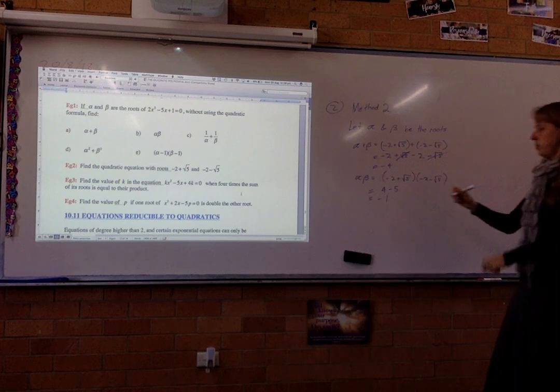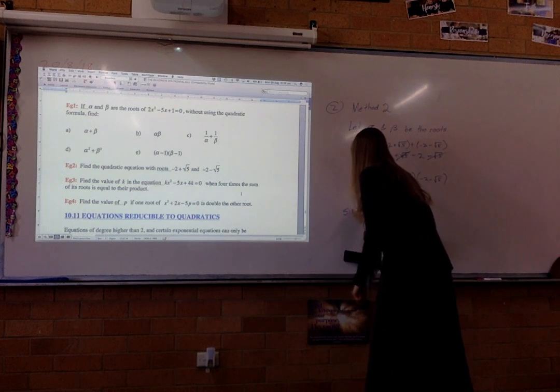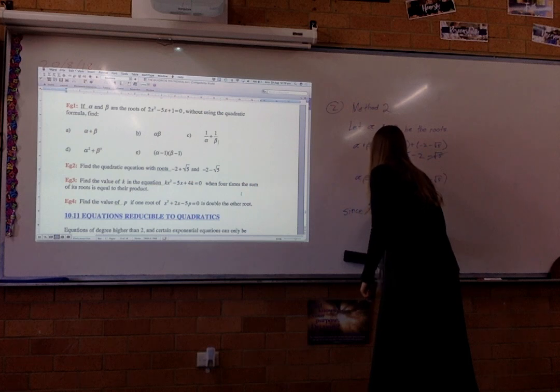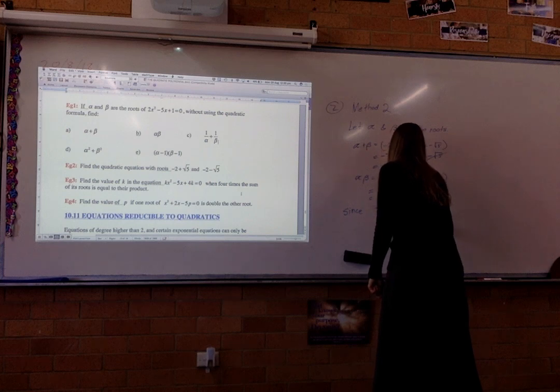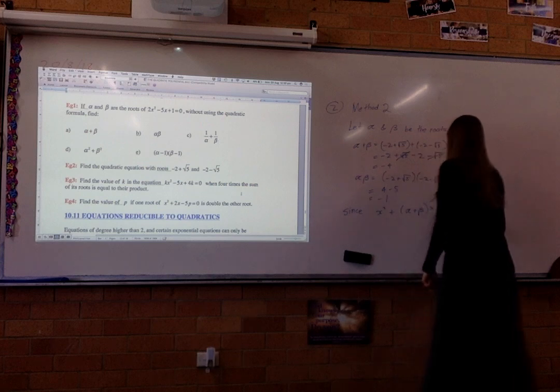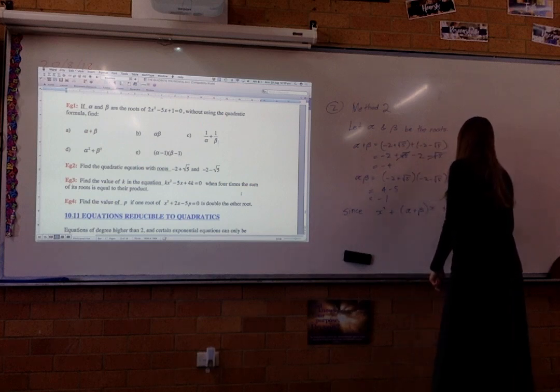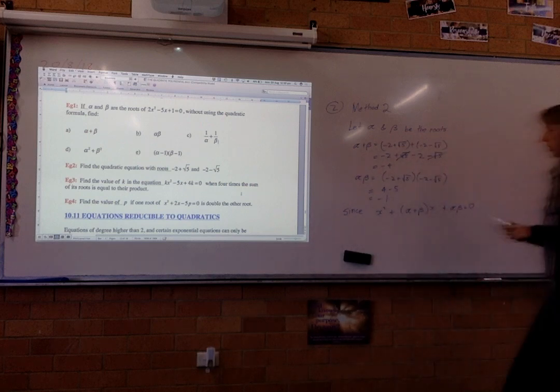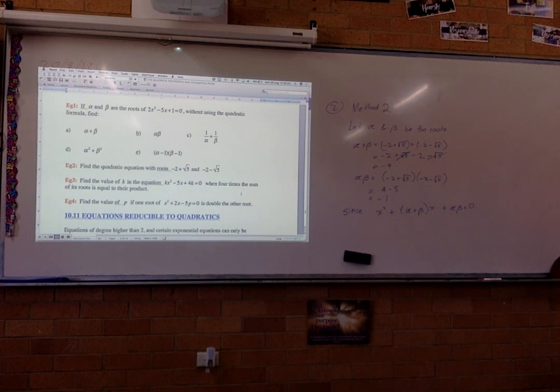Now, just a moment ago, we said that x squared plus alpha plus beta x plus alpha beta equals 0. We worked out that that's the roots, and that's the relationship between the equation and the roots.